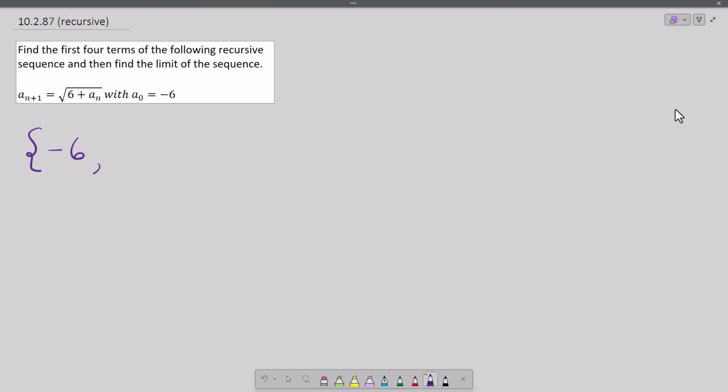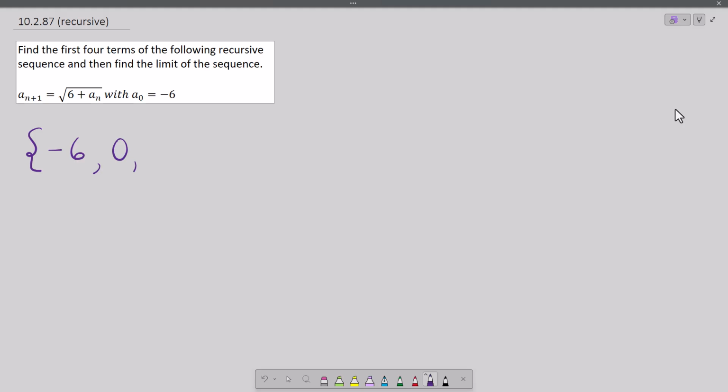With recursive, you have to have a starting point. You need to be given a place to start, and then a formula to get to the next term. So here, -6 is our first term. We plug it back in there, and our next term is equal to 0. Then we plug 0 in here, and our next term, oh.